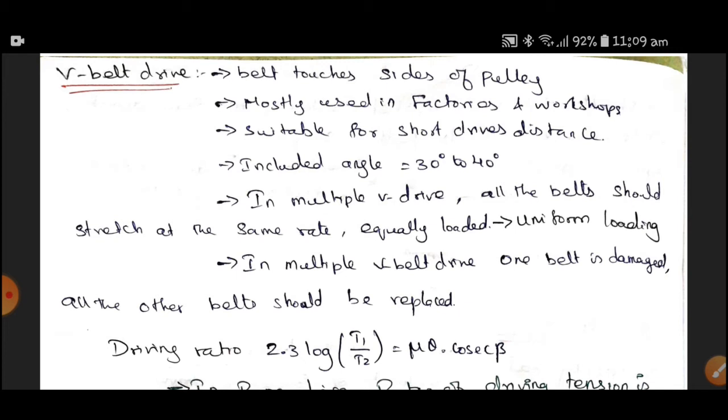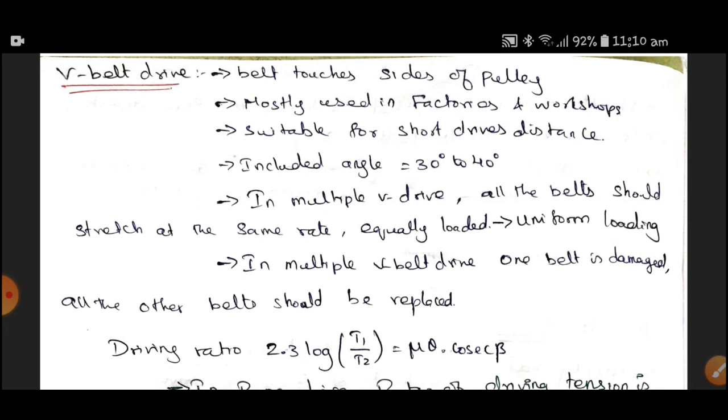And in the multiple V-belt drive, instead of one belt we are having two or n number of belts as per the torque required to transmit. In the multiple V-belt drive, all the belts should be stressed at the same rate and equally loaded.